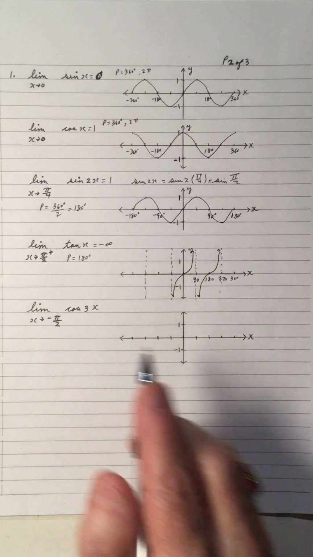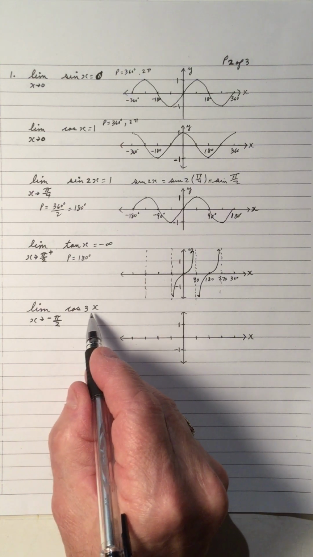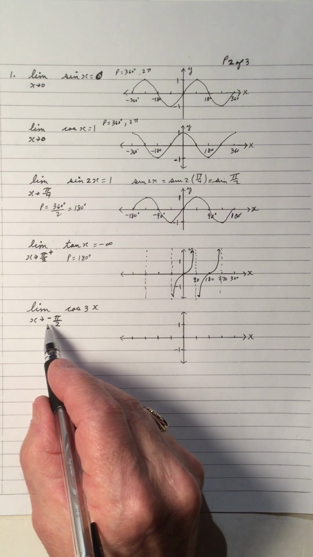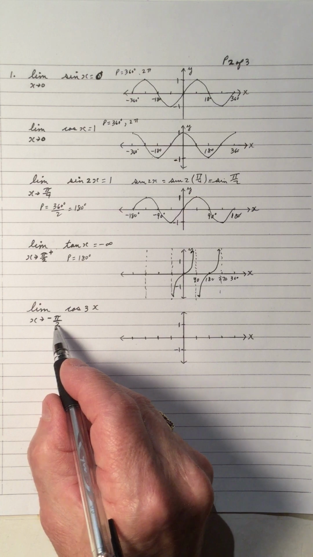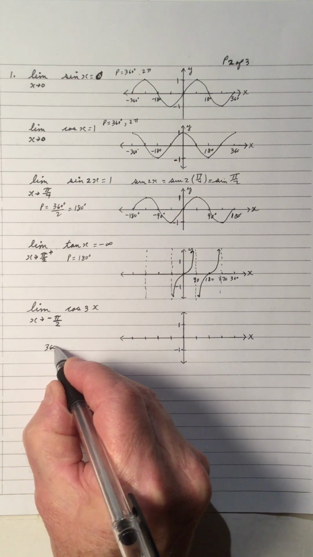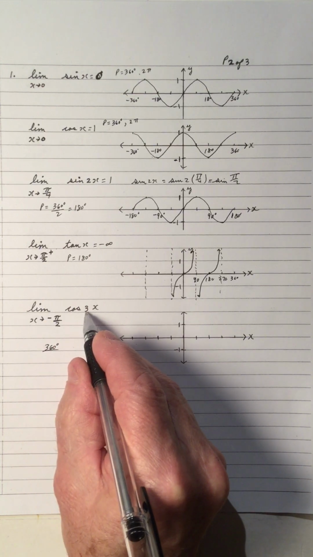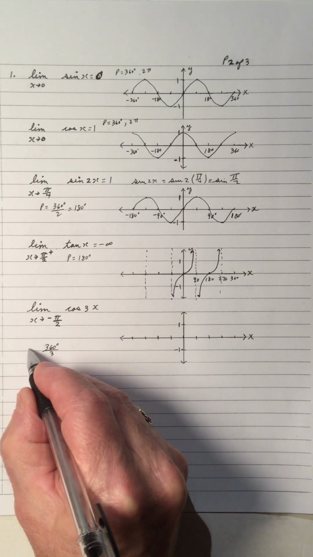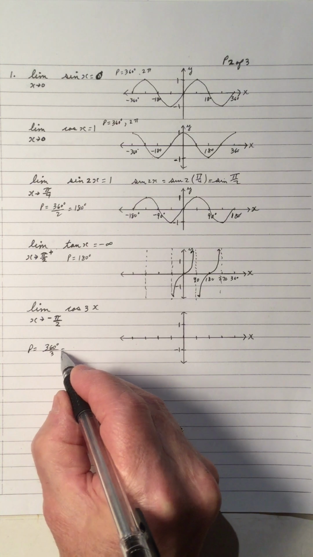And another one to do, the limit of the cos of 3x as x approaches negative pi over 2, negative 90. So the period of cos is 360, and 3 is the number, so the period is 360 divided by 3.